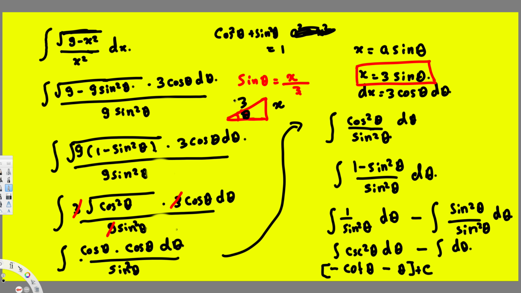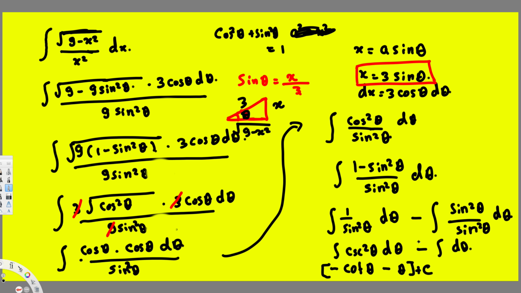If you use the Pythagorean theorem, the hypotenuse square is equal to the sum of the squares of both sides, right? So here we have the hypotenuse, and we have to find this side. If you subtract the square of this one from the hypotenuse square, that's going to give us this one. So square root of 9 minus x square is going to give you the adjacent, right? Now we have the adjacent, and we know that cot theta is the reciprocal of tan theta.